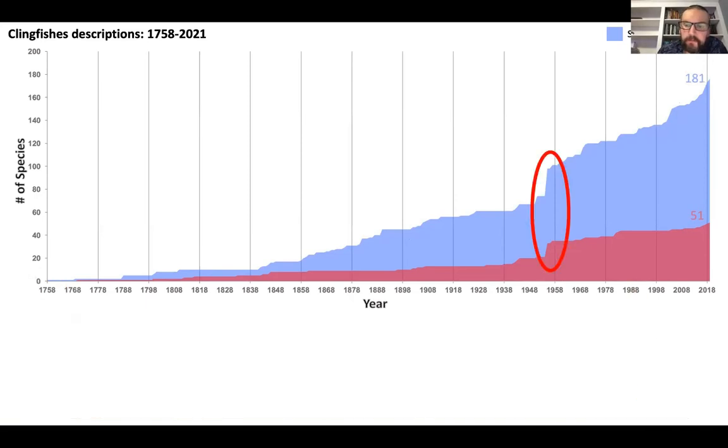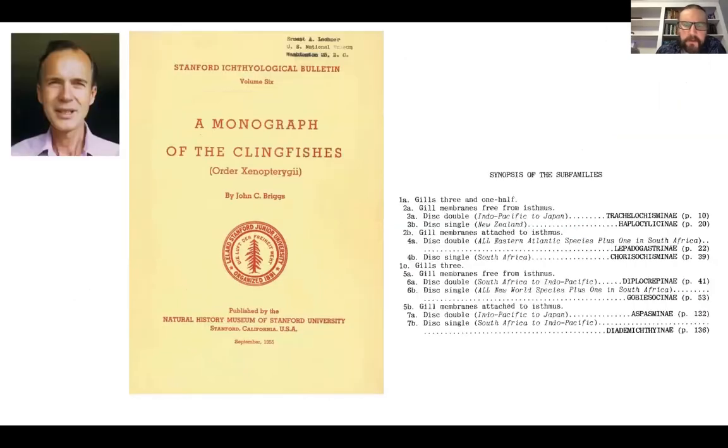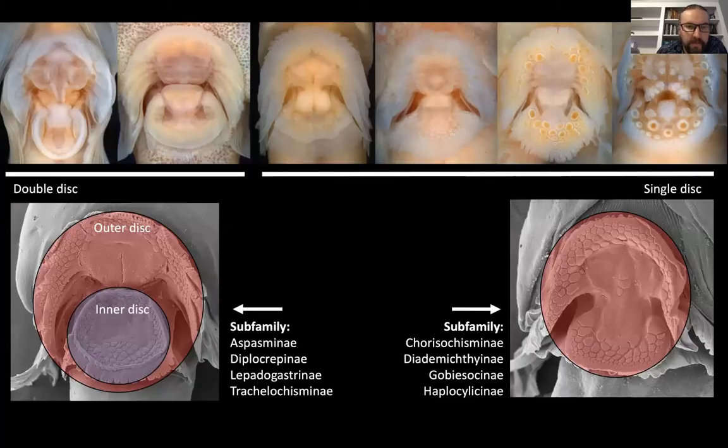There's a very rapid increase in the number of described species in the 1950s, and that's the result of a study by Jack Briggs, who conducted a taxonomic revision of the group in the 50s. This study introduced a number of new species and a number of new genera. He also classified those taxa into subfamilies, mostly based on the condition of the adhesive disc.